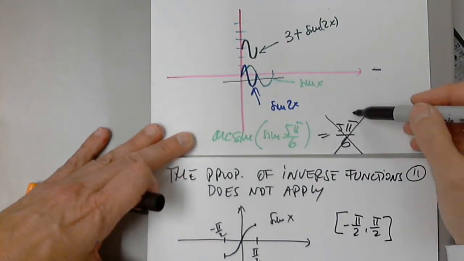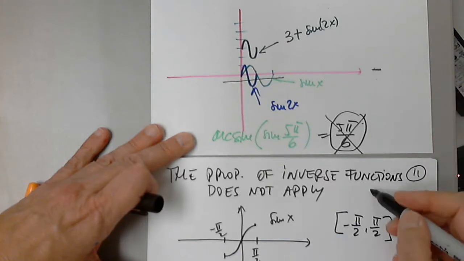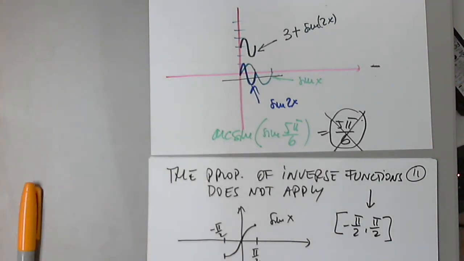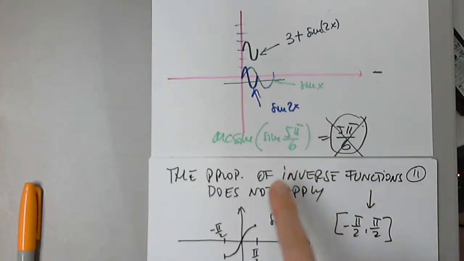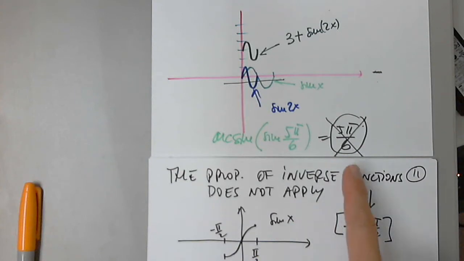So therefore, when I write this answer, it does not exist. It's not in the interval negative pi over 2, pi over 2. So I cannot apply the property of inverse functions to 5 pi over 6 and just write 5 pi over 6. So therefore, I have to find sine 5 pi over 6.